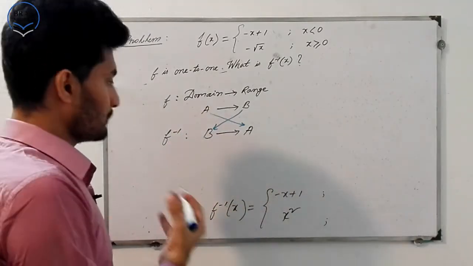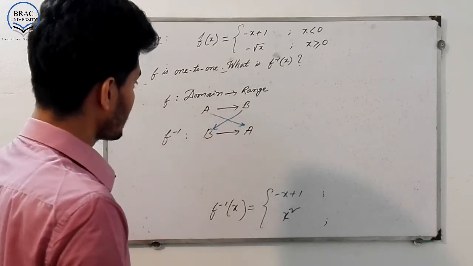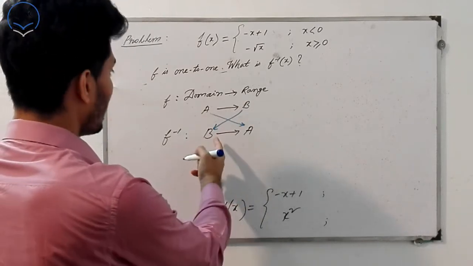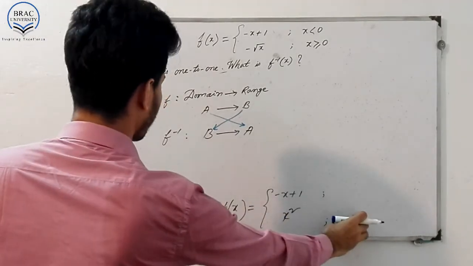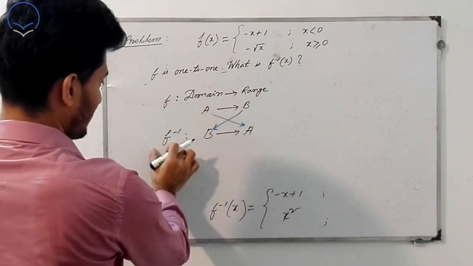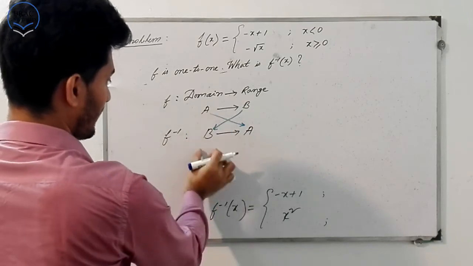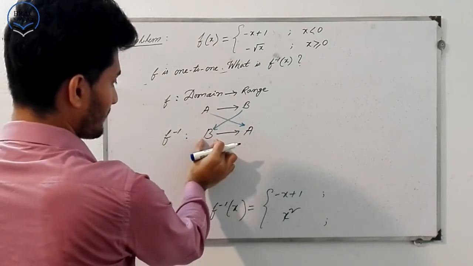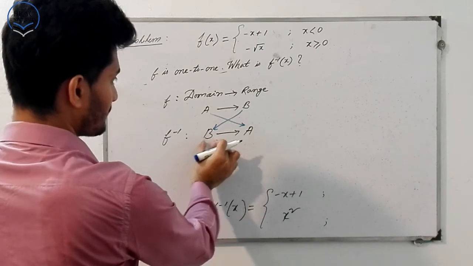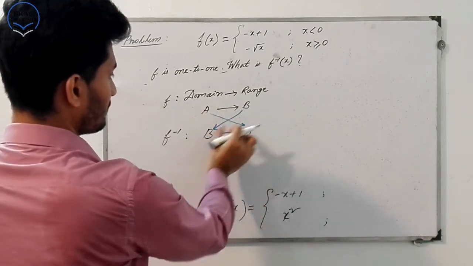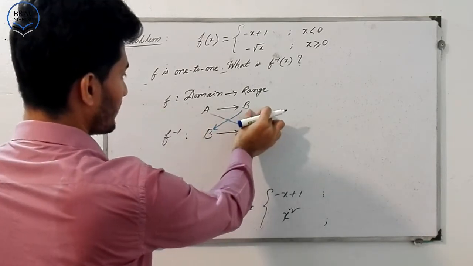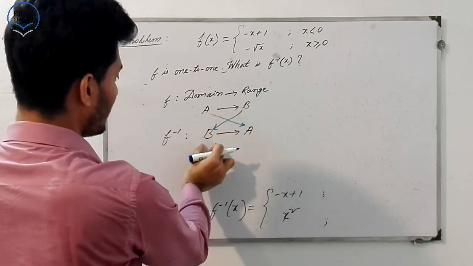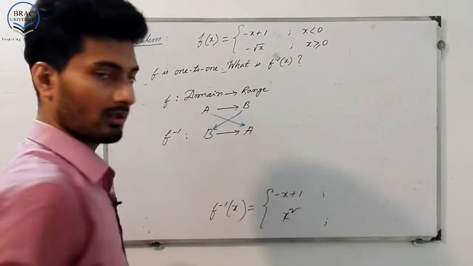So what this important relationship tells us is that what we really want to find out is the domain for f inverse, right? To find out the domain for f inverse, it has a relationship with the range of f. So if we find the range of f, then we can use that as the domain of f inverse, and that solves our problem, right?